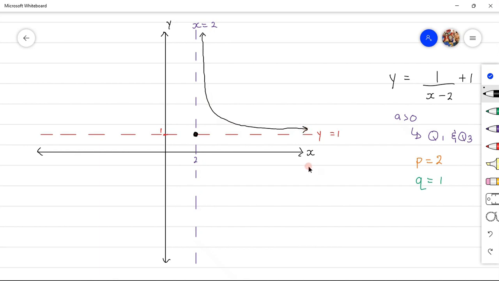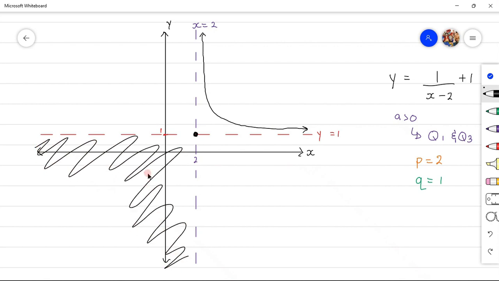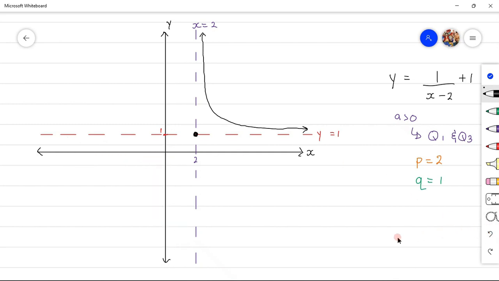That is our curve in quadrant 1. Now, if you notice, our curve in quadrant 3 is going to intersect the x-axis and the y-axis. So before we sketch it, we need to first find our x-intercept and our y-intercept.